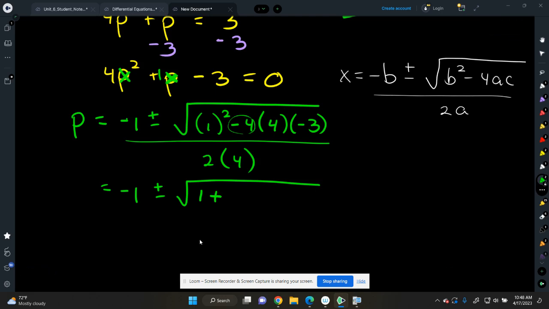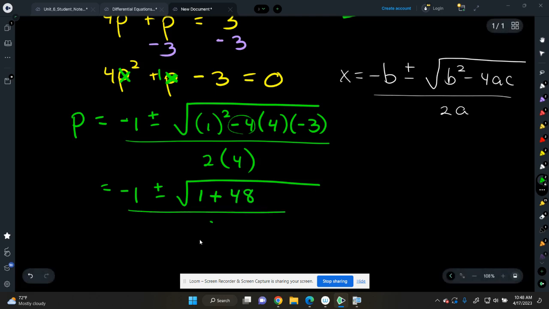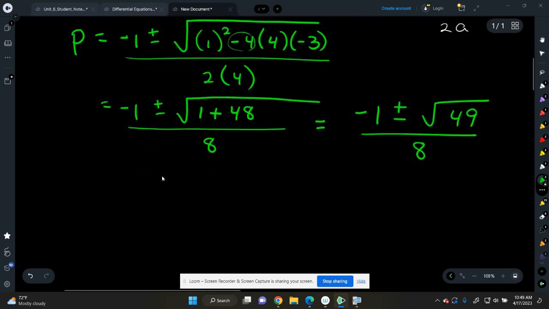So we've got 4 times 4 is 16. 16 times 3 is 48 over 8. So I have negative 1 plus or minus the square root of 49 over 8. Now what? Square root, take it away. Okay, so we get negative 1 plus or minus 7 over 8.